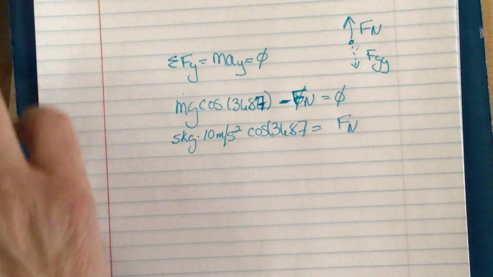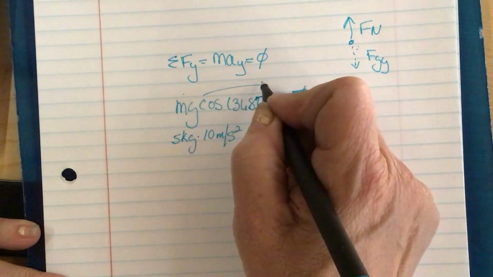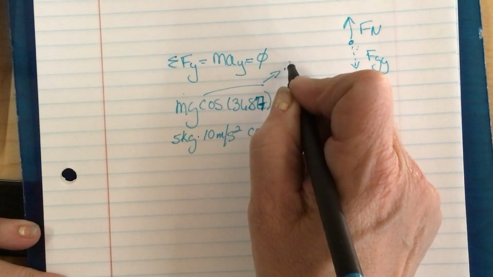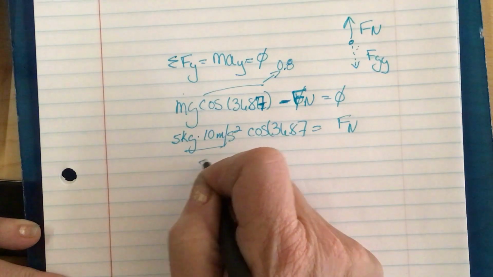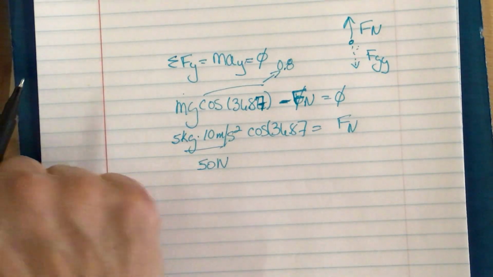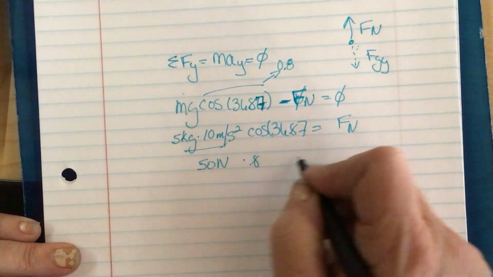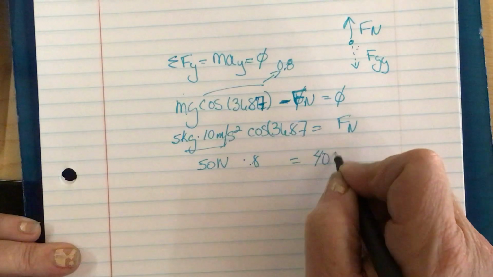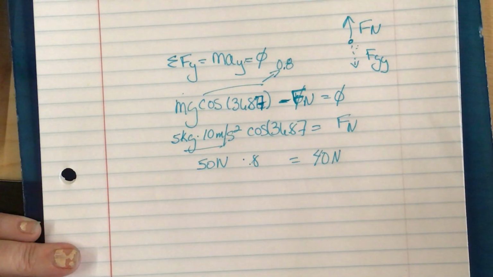So the cosine of that is 0.8, and this mess is 50 newtons. So 50 newtons times 0.8 equals 40 newtons, and so our F normal is 40 newtons.